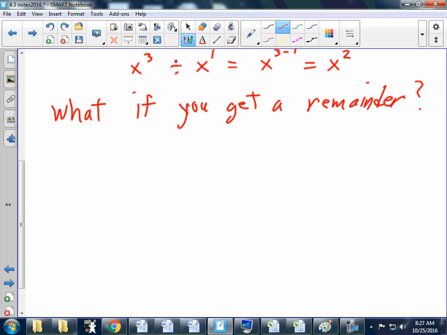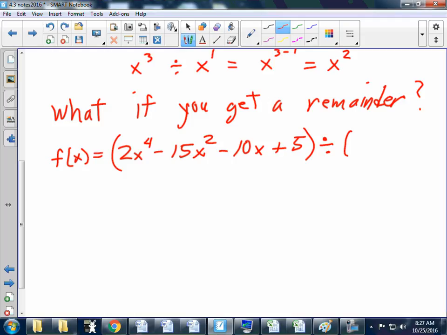Now, what about if you have some f of x equals 2x to the fourth minus 15x squared minus 10x plus 5 divided by, I'm going to put that in parentheses just so we can see it's one big chunk, x minus 3.